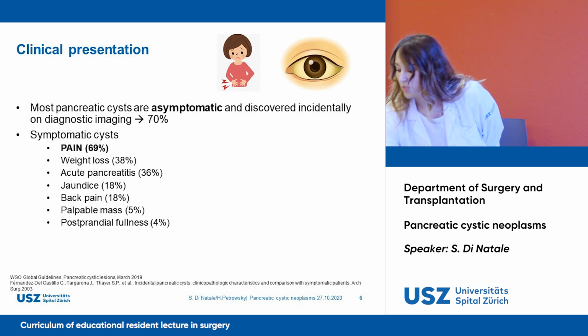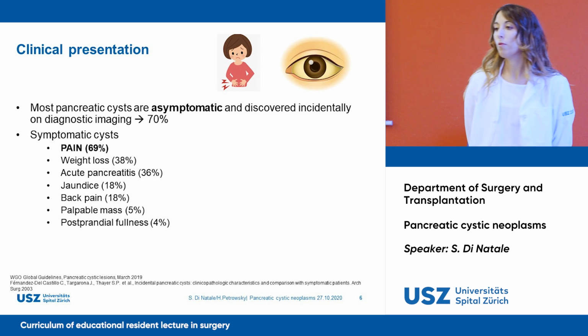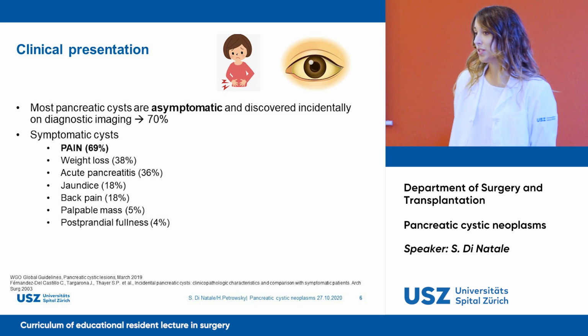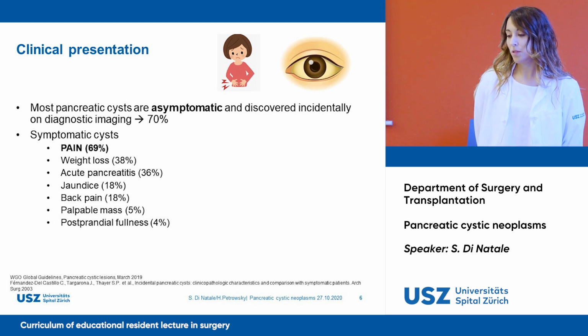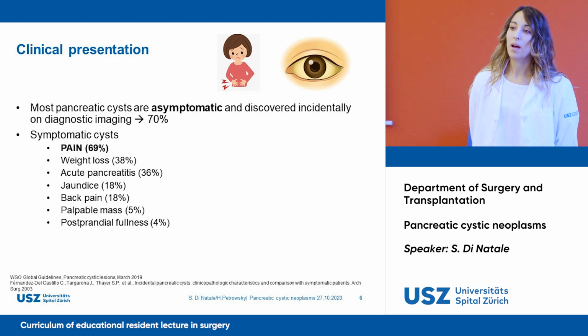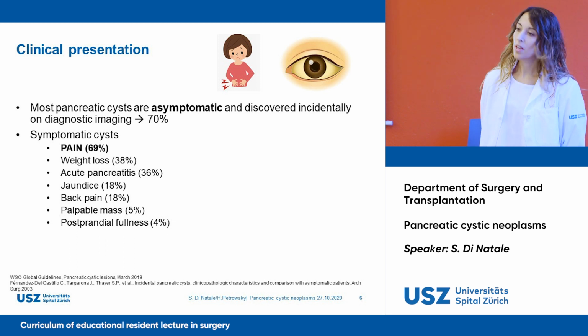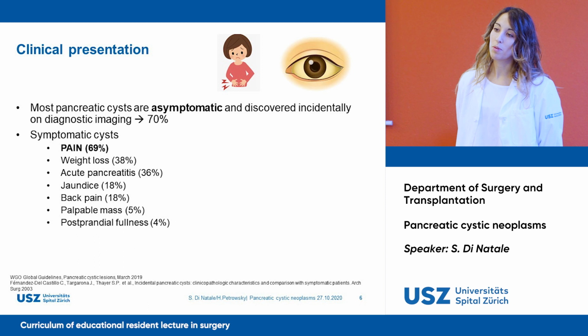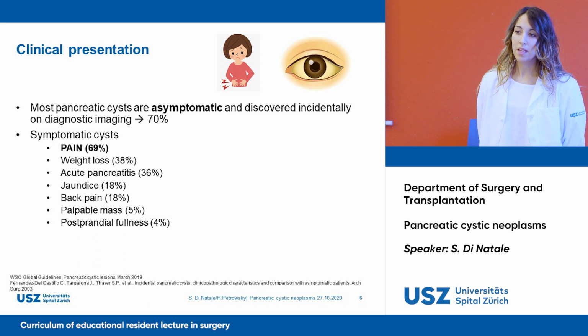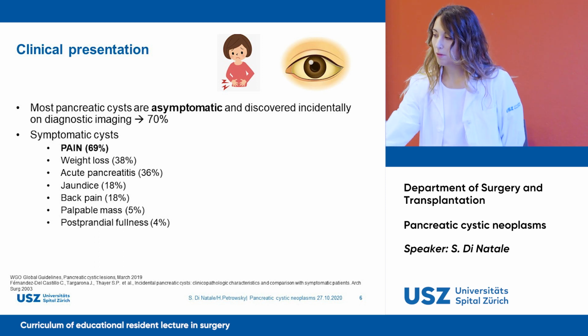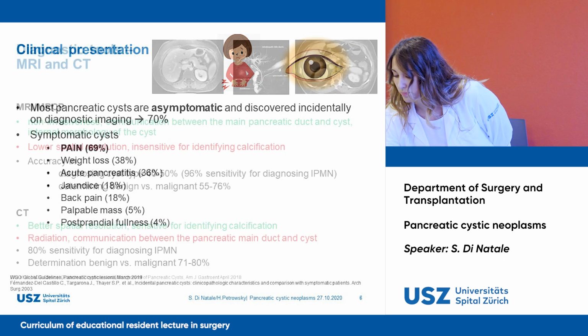The most common symptoms in a surgical case series with 131 patients with symptomatic pancreatic cysts were pain, which was seen in about 70% of the patients, weight loss and acute pancreatitis in about 40% of the patients, jaundice and back pain in about 20%, and a palpable mass and postprandial fullness in about 5% of the patient.